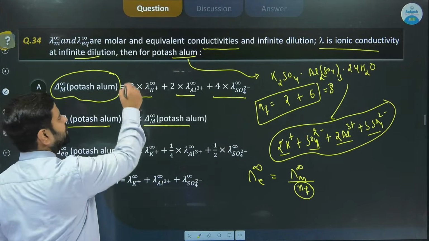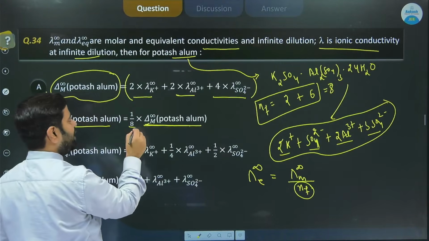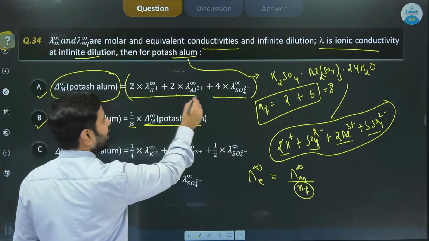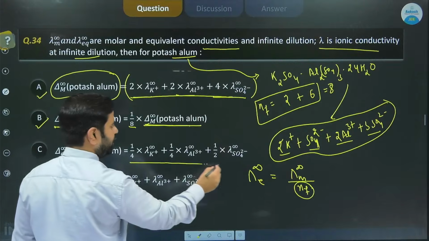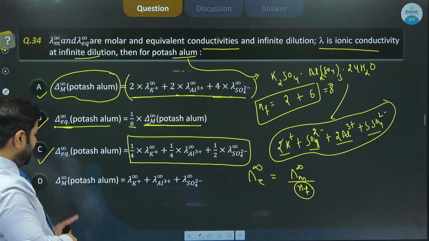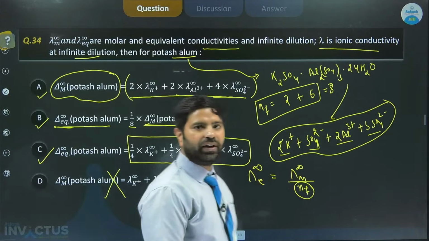You can divide this by 8 because lambda m infinity divided by 8 gives us lambda infinity equivalent. If you divide by 8, you will get your answer like this. So this is also a correct option. Lambda m infinity of potash alum is this. This is incorrect. We have already checked.